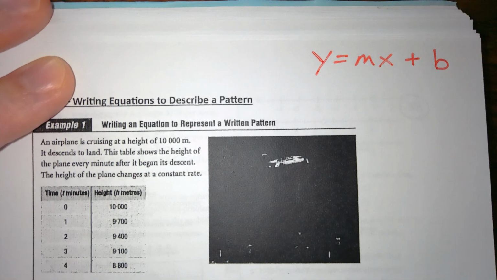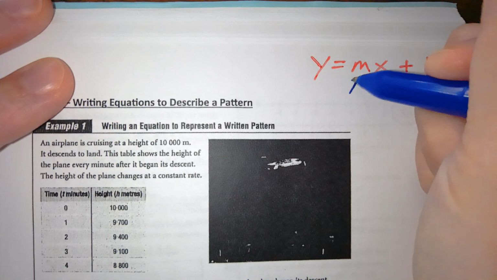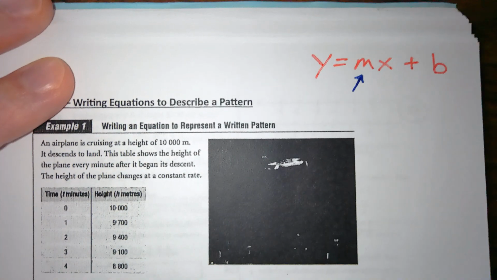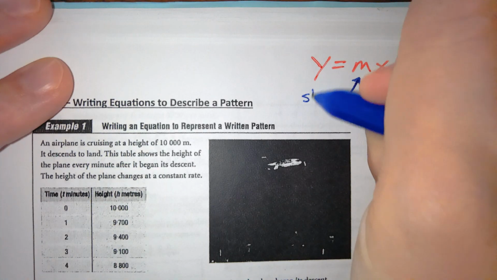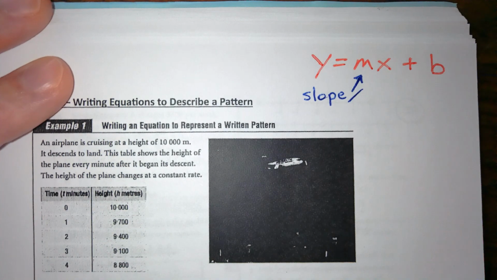Y equals mx plus b. How many of you have heard of this before? Good, you're ahead of the game then. What does m stand for? Slope. Wow, you guys are really ahead of the game. But can you describe it in words that I understand?